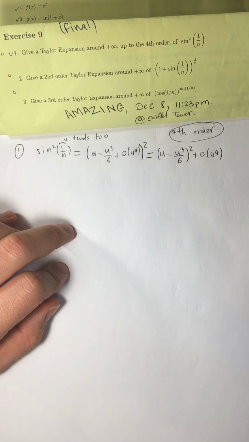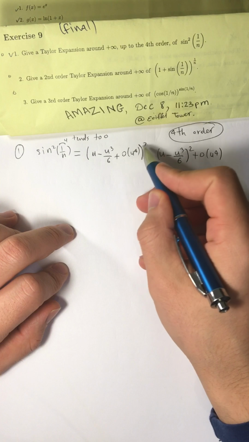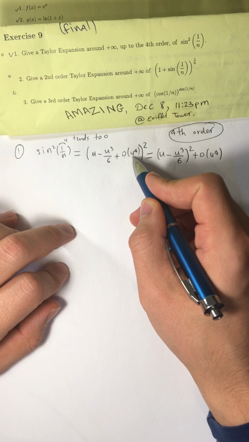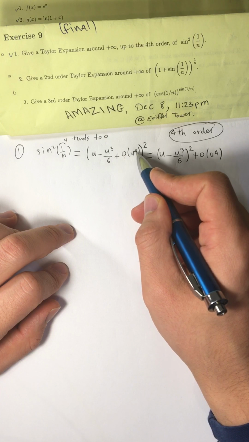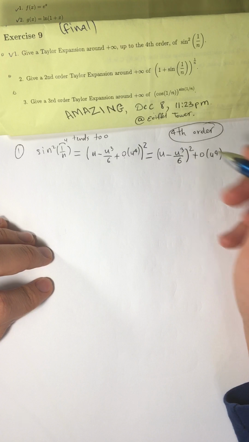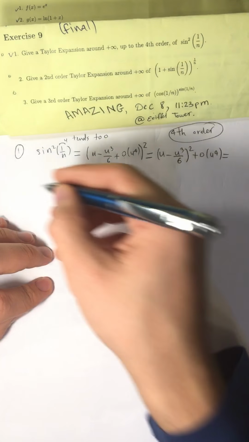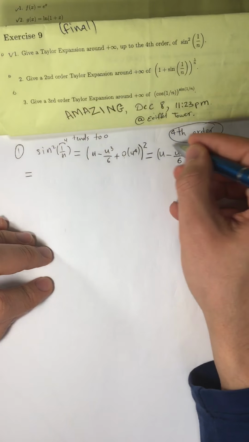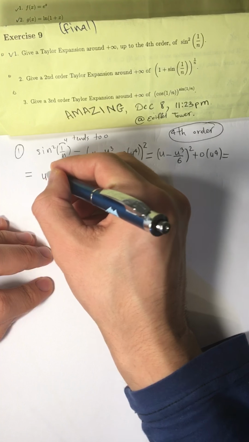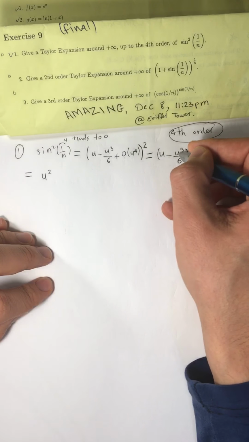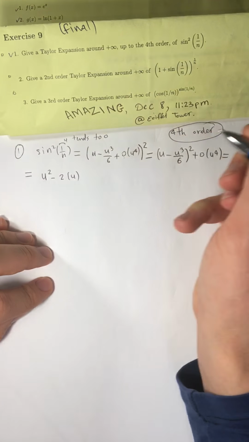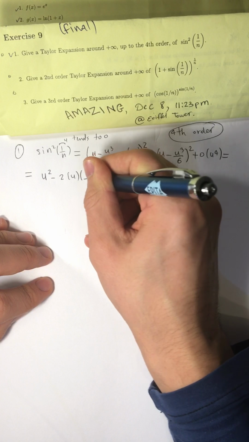Even though you calculate the square of this, whenever you multiply o(u to the 4), it is going to absorb everything, and that's why you can just take it out of the bracket like this, only in this case. Now if you calculate the square, it's going to be u squared, and then minus 2 times u times u cubed divided by 6.